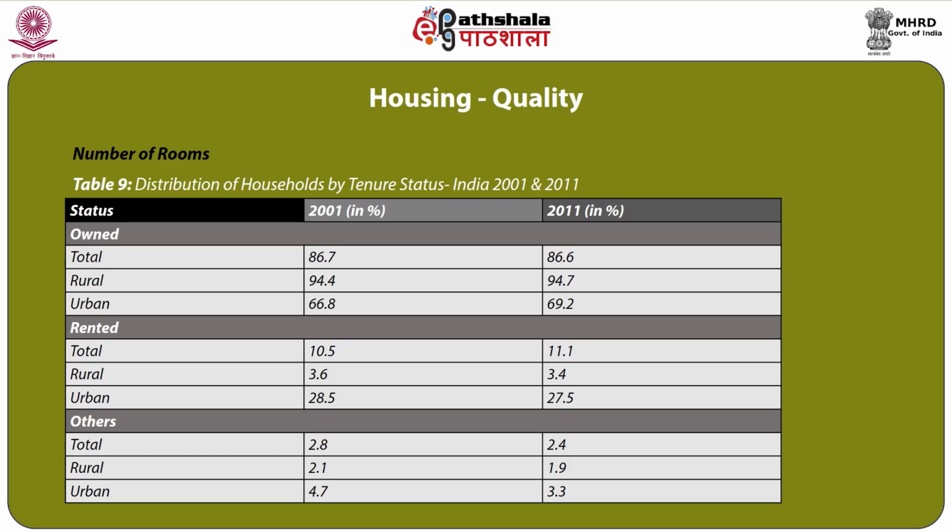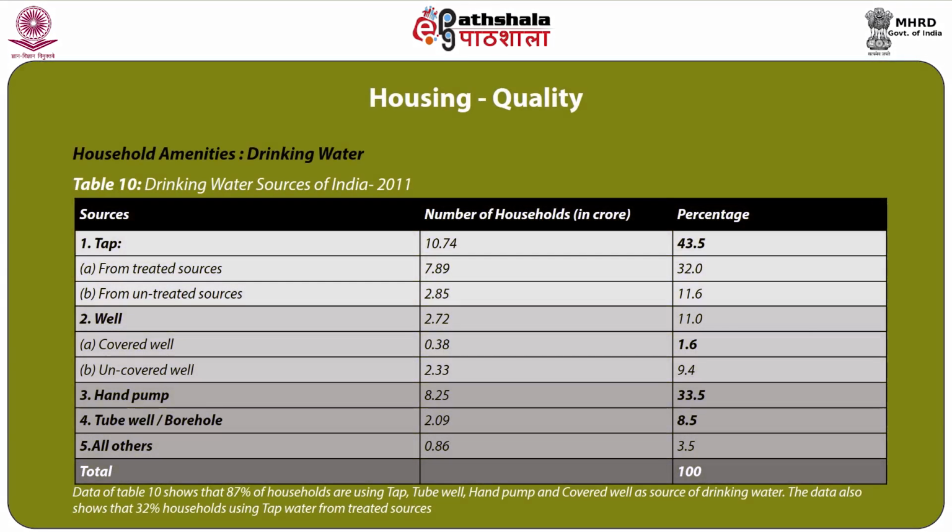Housing quality, third indicator, household amenities, drinking water. Table 10, drinking water sources in India, 2011. The categories are tap from treated sources, from untreated sources, well from covered well and from uncovered well, hand pump, tube well or bore well, and all other.